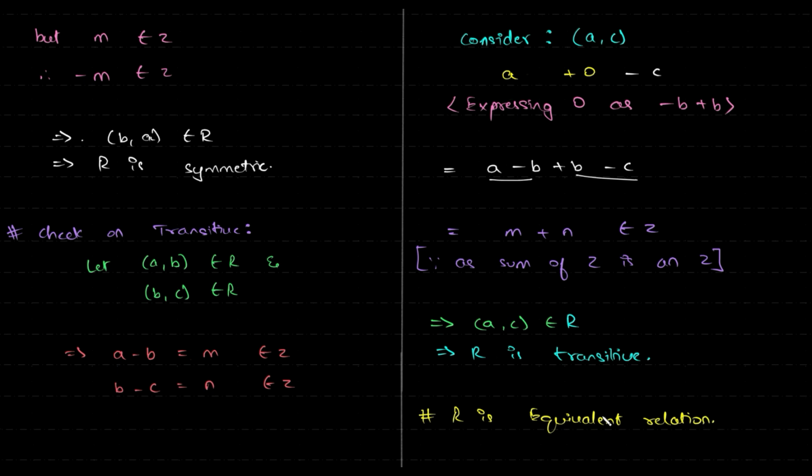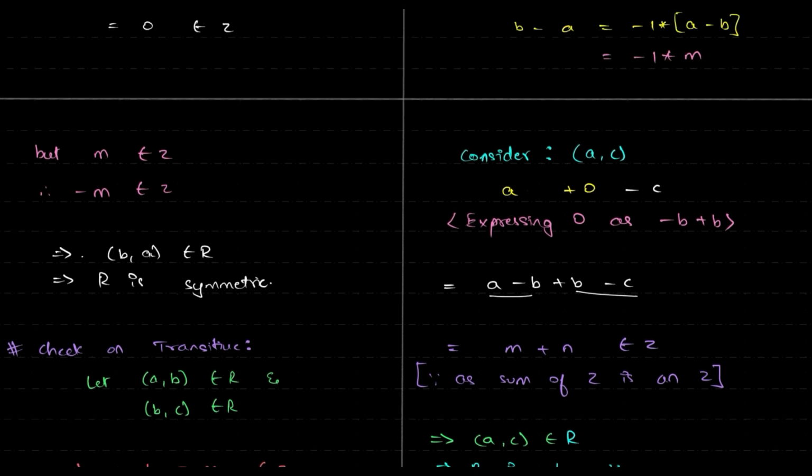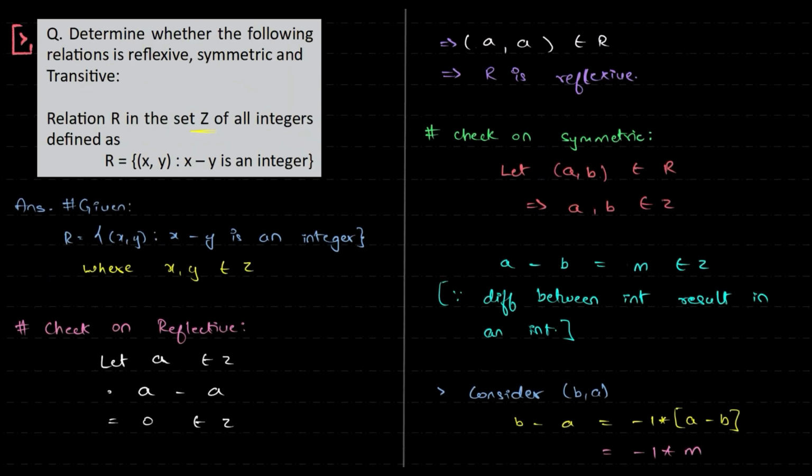Okay, so with that we'll be able to conclude that it holds good for reflexive, symmetric and transitive. Again, here the sequence of thinking is that we are going to pick up variables and prove it. Use variables to prove.